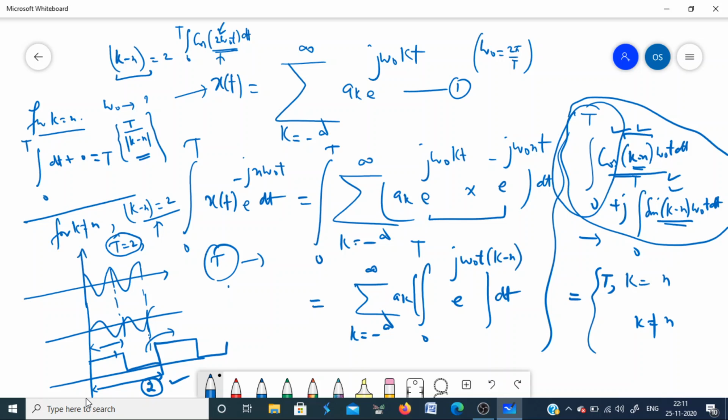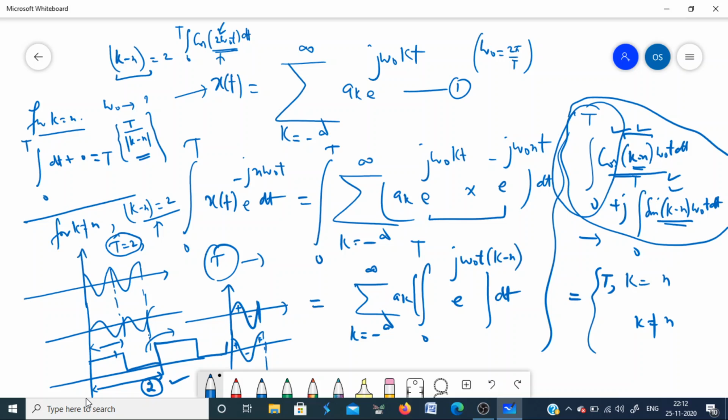For sine, the integration over one time period is 0 because its average value is 0. Similarly, for cos over one time period, the integration is again 0. So if the integration of sine or cosine over one cycle is 0, it is also 0 for 2 cycles, or 3 cycles, or 4 cycles.